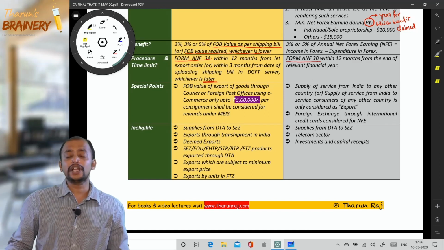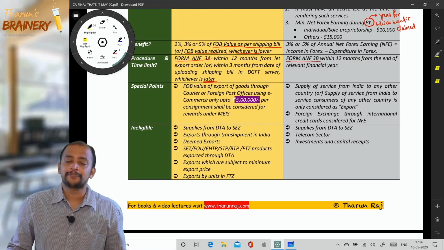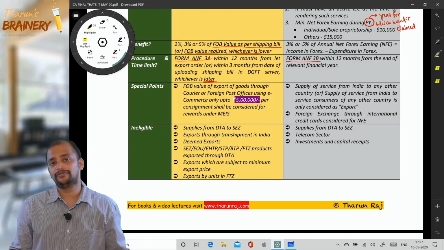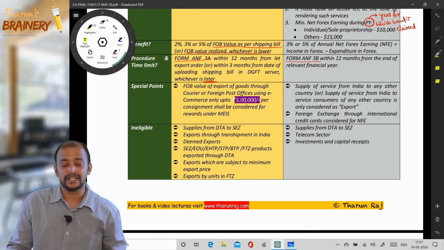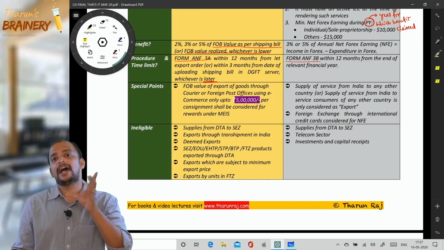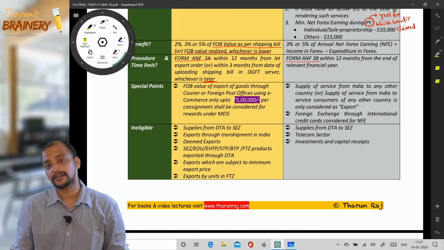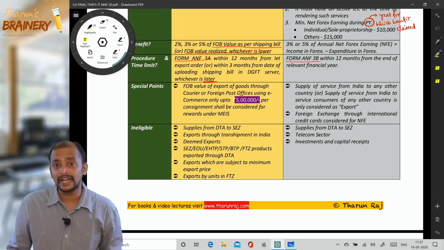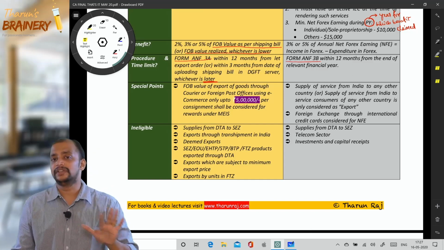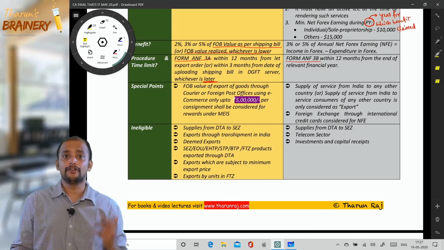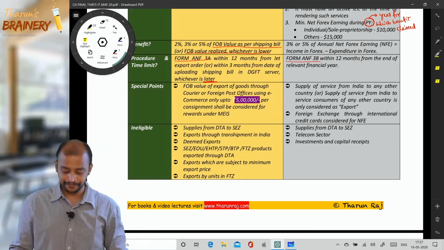Now when you are exporting through an e-commerce operator, will that also be calculated as export and is it eligible for the MEIS benefit? Yes, provided the value is restricted up to 5 lakhs. That is the word here, which means if it goes beyond 5 lakhs, for 5 lakhs we will be getting the benefit. 5 lakh 25,000, so 5 lakhs. 4 lakh 80, 4 lakh 80.